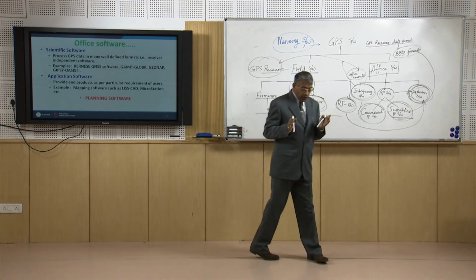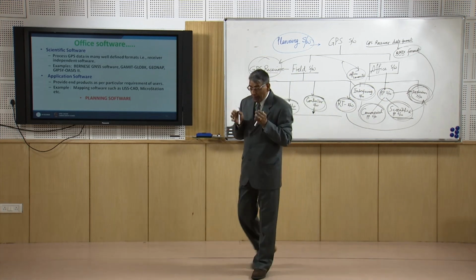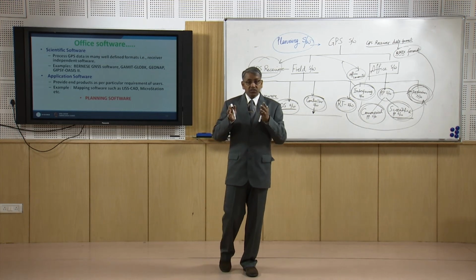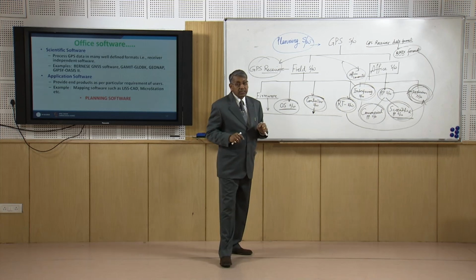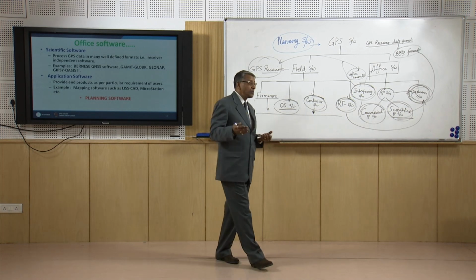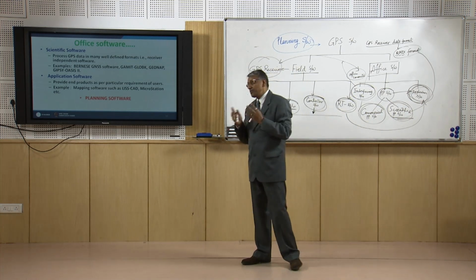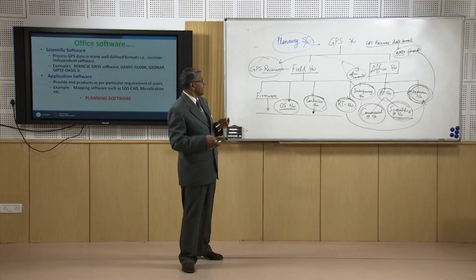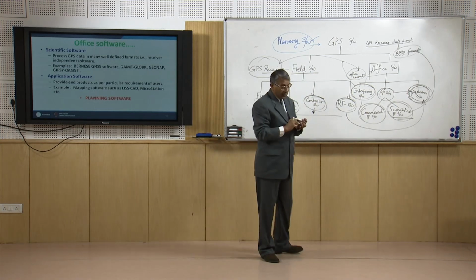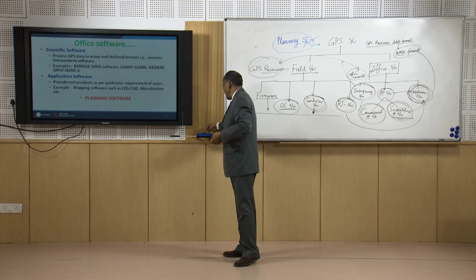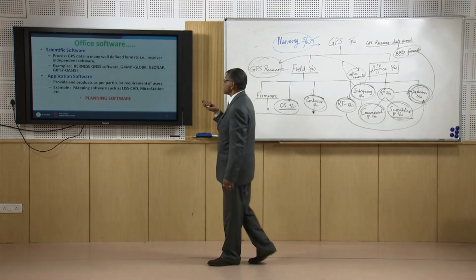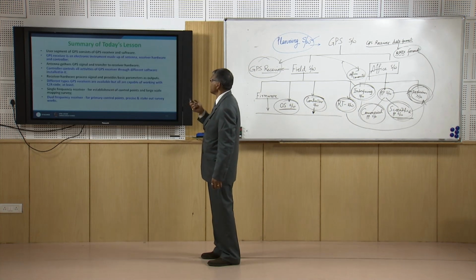During the planning work, we have to make use of some particular GPS software which provides us different information about the availability of the GPS satellites, their geometry and many other information. That software is called planning software. So that is another type of software which we generally use for GPS surveying. With this I want to conclude today's main content of the class.